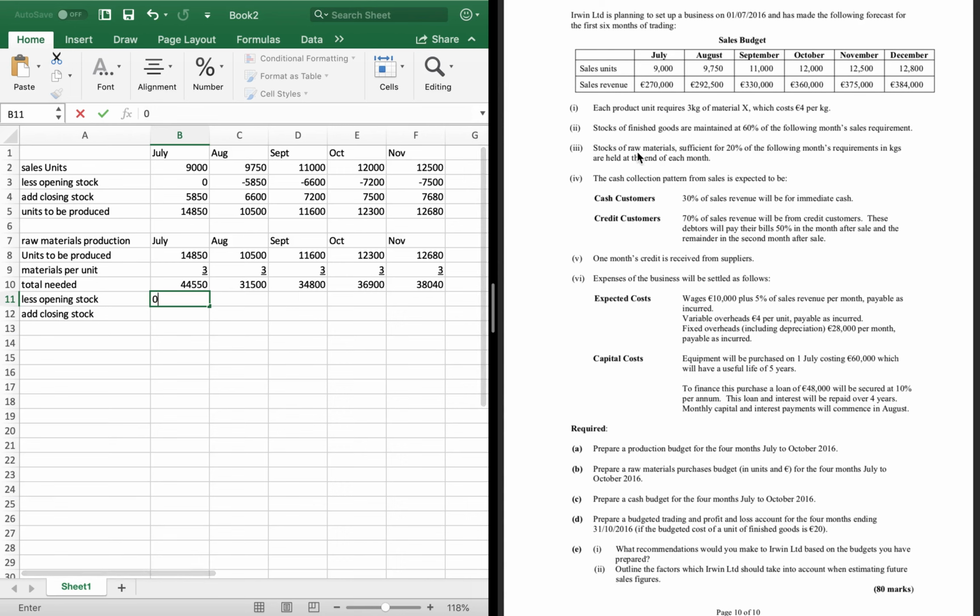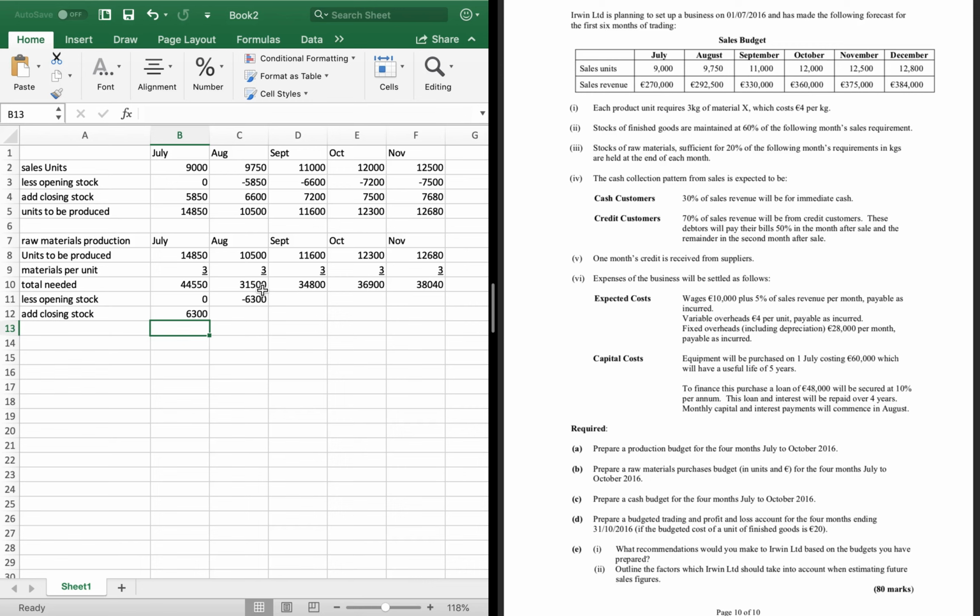So stocks of raw materials sufficient to cover 20% of the following month's requirements. So we require 31,500. So 20% is your 6,300. Okay, so that's 6,300 will come up here as a minus, and so it continues.